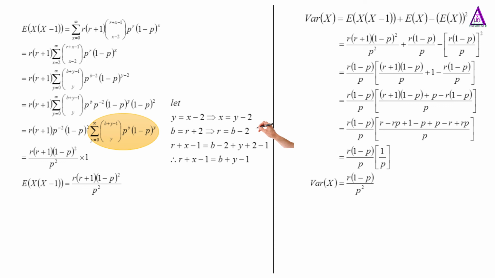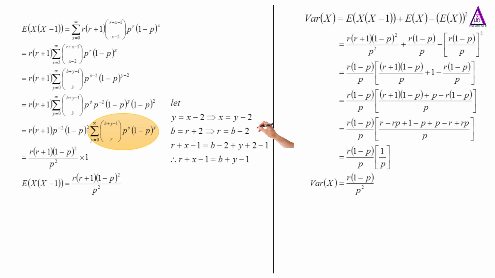So we now substitute for y, b, and r plus x minus 1 in this equation, and we have r into bracket r plus 1, summation y ranges from 0 to infinity of the combination b plus y minus 1 choose y, p raised to power b minus 2 into bracket 1 minus p raised to power y.